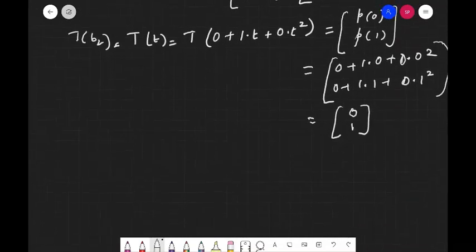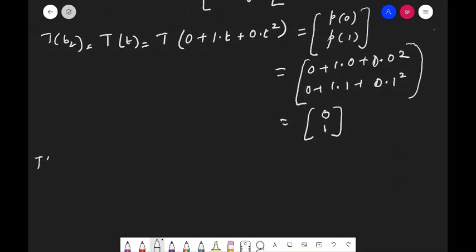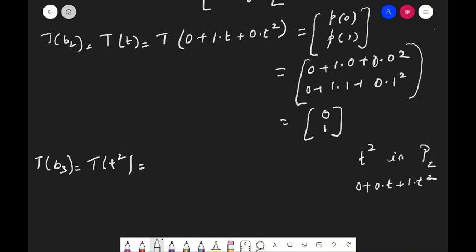Now the next one is T of B3. B3 is t square, so T of t square. Now t square, how do I write it as a polynomial in P2? T square is 0 plus 0 into t plus 1 into t square, because there is no constant, so 0, and there is no t term, so 0 into t, plus the t square term, 1 into t square.